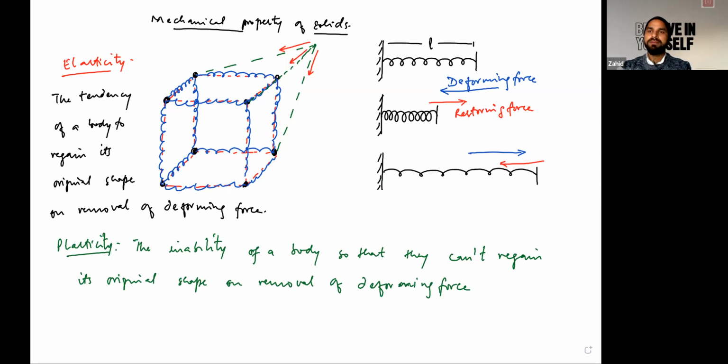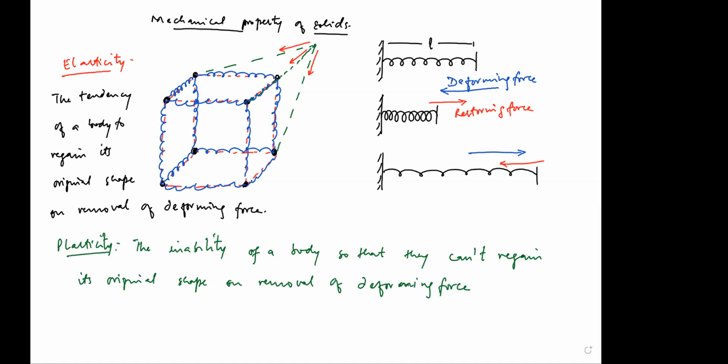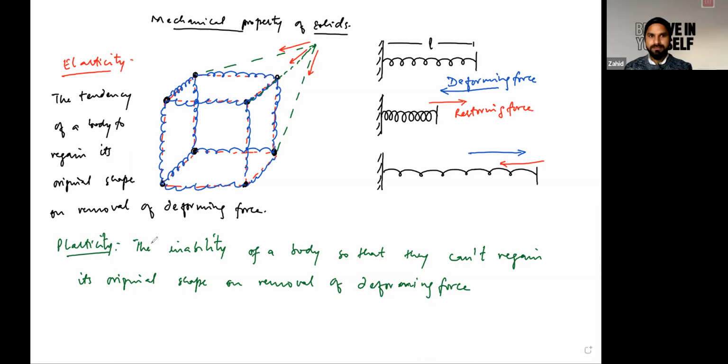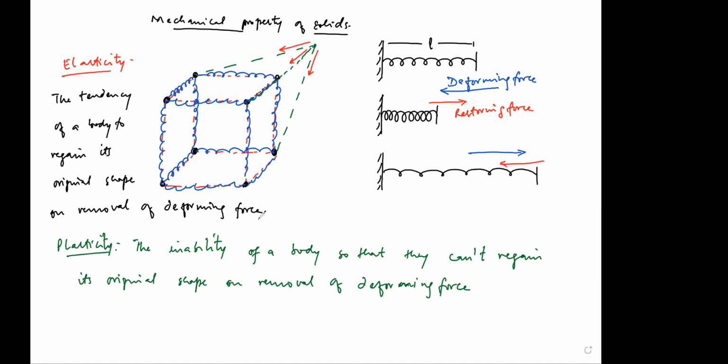Karthik, any doubt? No, sir, it's all clear. Sir, I had to ask one thing. Yes. That the deformation caused, in the case of elasticity, is known as elastic deformation, right? Yes. Okay, sir.